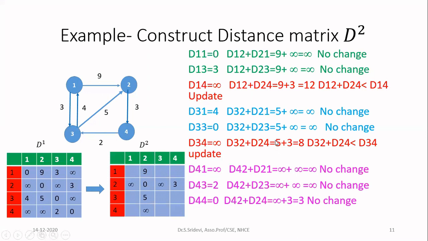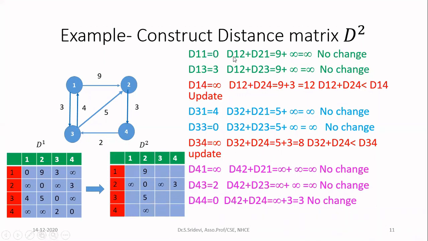Then D24 is in the second row in the fourth column, value is 3. So 5 plus 3 is now 8. Previously, there is no direct path from 3 to 4, but now there is a shortest path from 3 to 4 through the node 2. It is having the distance as 8. This 8 is less than infinite. Therefore, I have to update this in the new matrix.